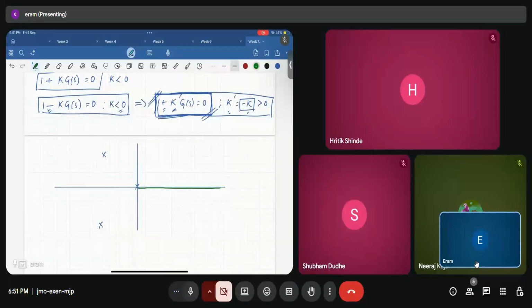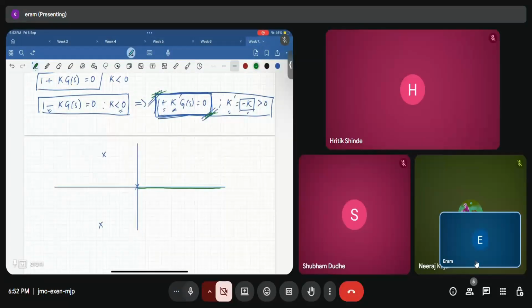We have to check, in this case, the odd number of poles and zeros criterion, because this is nothing but k dash positive and negative feedback.